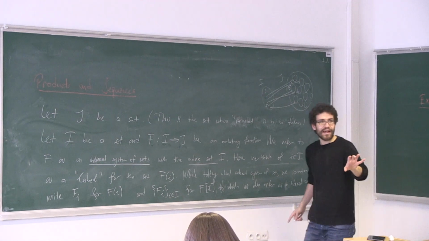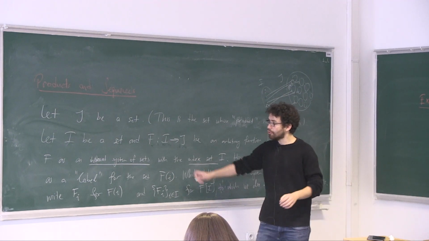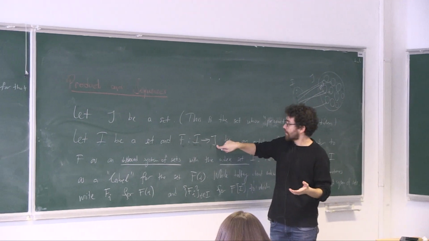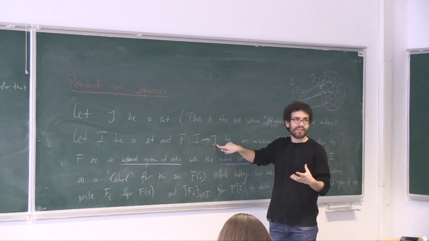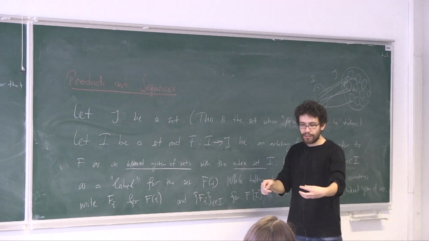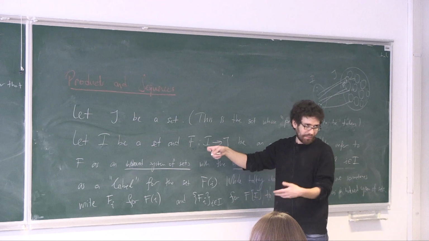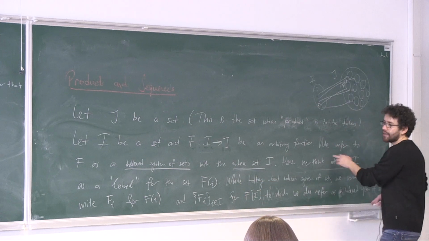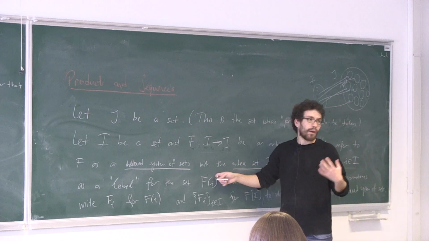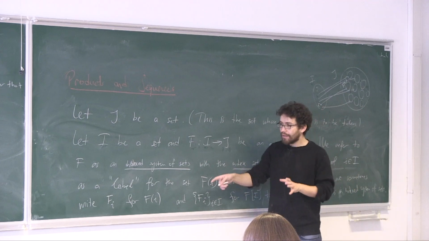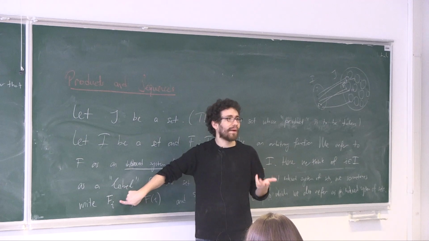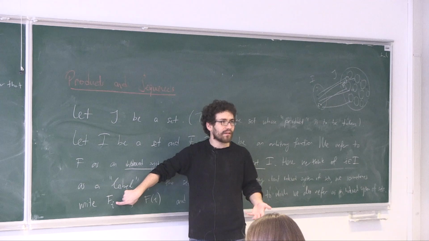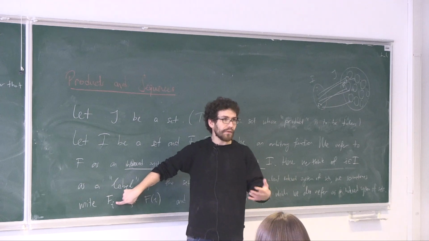An index system of sets is a function. The domain of this function is the index set. It's the set of my labels. The range is the set which contains all the things which are going to be labeled by this function, okay? As I said, we think of i as a label for the set f of i. Now, it's customary to write f sub i when you talk about index system of sets. You probably have seen this notation, and you will keep seeing this in your future life.